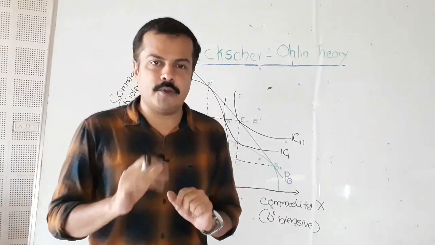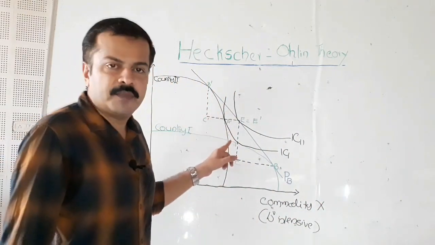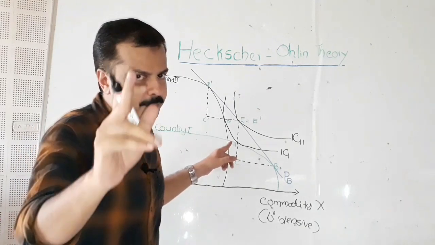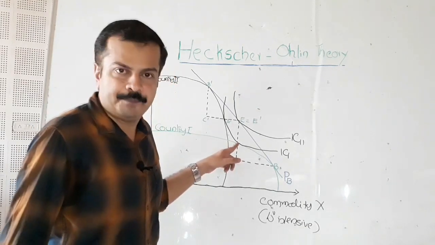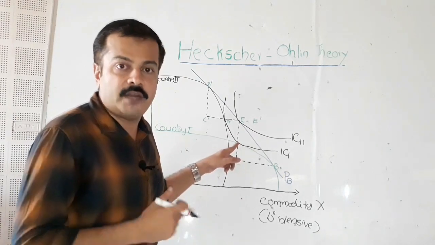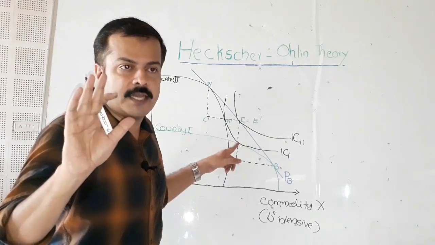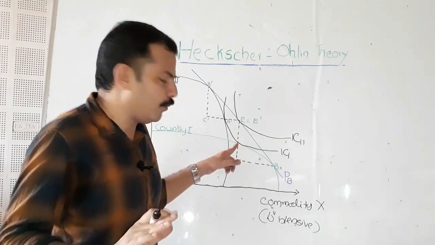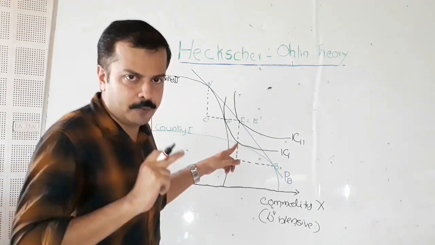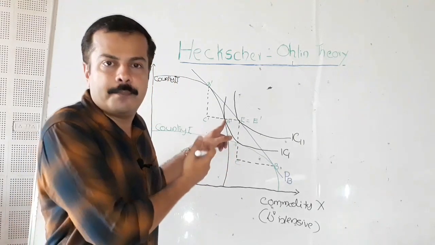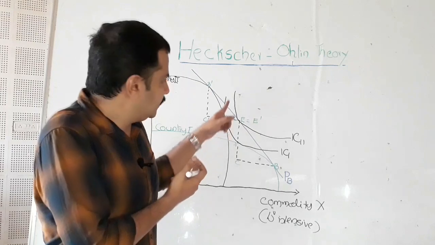Now let us explore this theorem. Initially, the production point of country 1, the labor rich, labor abundant country, is A. This is an autarky point where we don't have any trade. So the autarky production point of country 1 is point A. Country 1 produces at point A and country 2 produces at A dash on their production possibility curves.